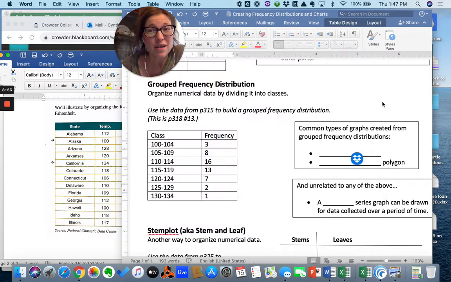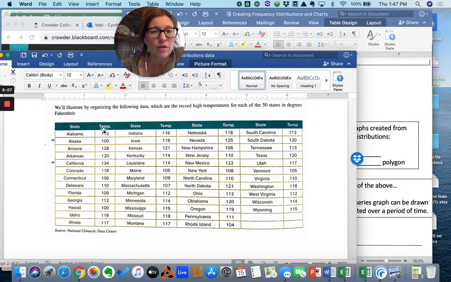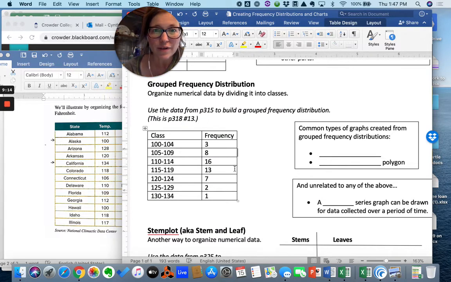And then maybe once you've got all your frequencies in there, add them up and see if the number matches the total number you had in your chart, just to double check that you didn't double count something or miss something. I just went through and counted how many of them fit in this group, how many of them fit in this group. And that's what I've got.